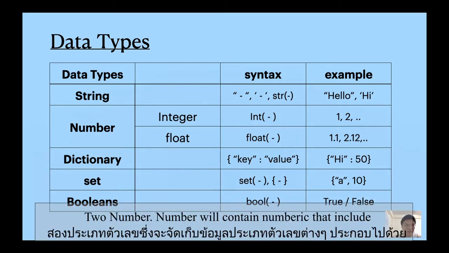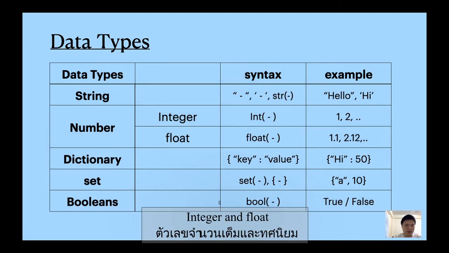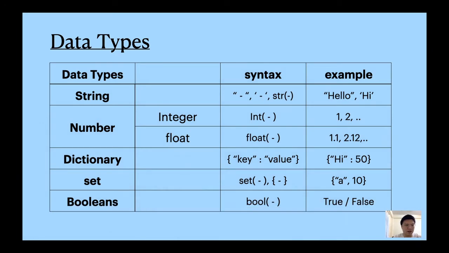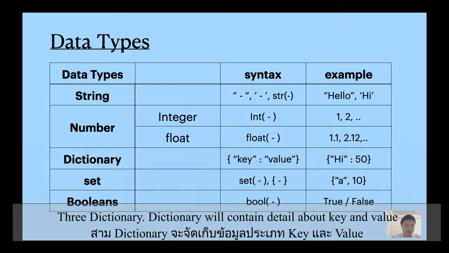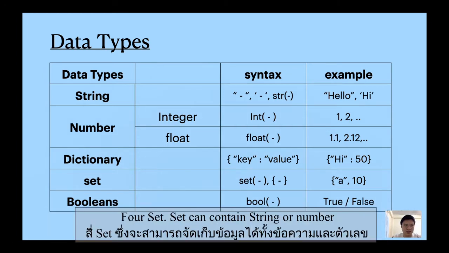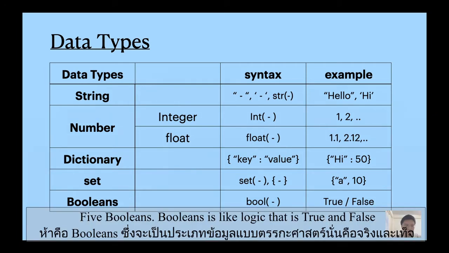A number contains numeric values, including integer and float. 3. Dictionary. A dictionary contains keys and values, or key-value pairs. 4. Set. A set can contain strings and numbers. 5. Boolean. Boolean is like logic, which includes true and false.